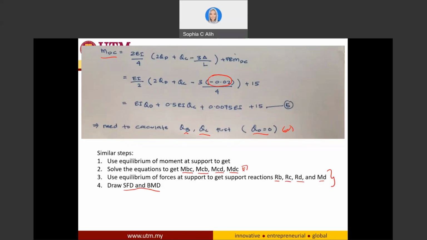Okay, so I need you to continue with this example, the beam with settlement, in order for you to be familiarized with how to solve the equation, to review how to get the equilibrium of moment, equilibrium of reaction, and I need you to draw the shear force and bending moment diagram based on the method that I have explained to you in the video of shear force and bending moment diagram.